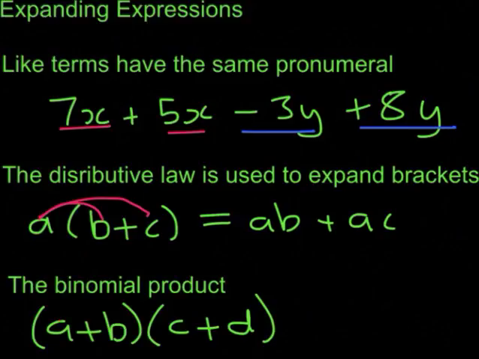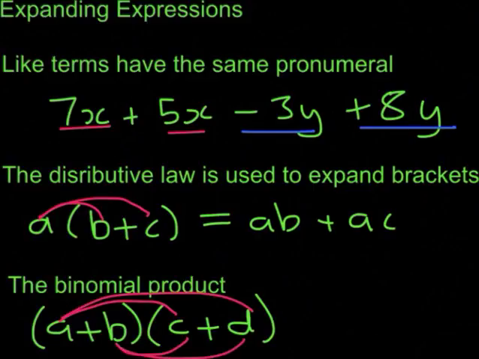So the A is going to multiply the C, and the A is going to multiply the D. That's the first term multiplying each term in the second set of brackets. Then the B multiplies the C, and the B multiplies the D. So the second term in the first bracket multiplies each term in the second set of brackets.